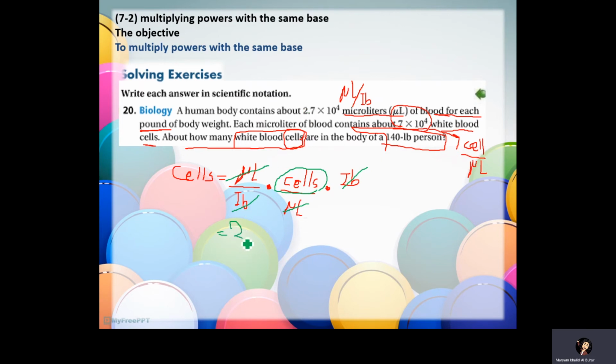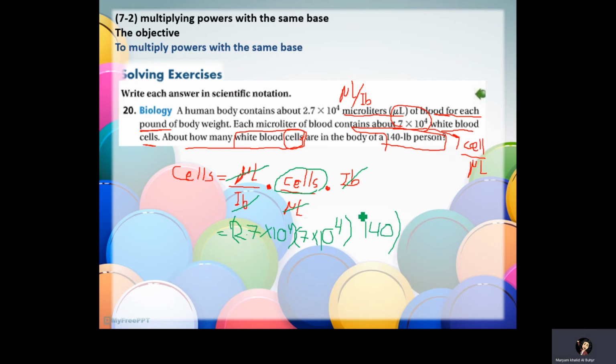So 2.7 times 10 to the power 4, times 7 times 10 to the power 4, times 140.